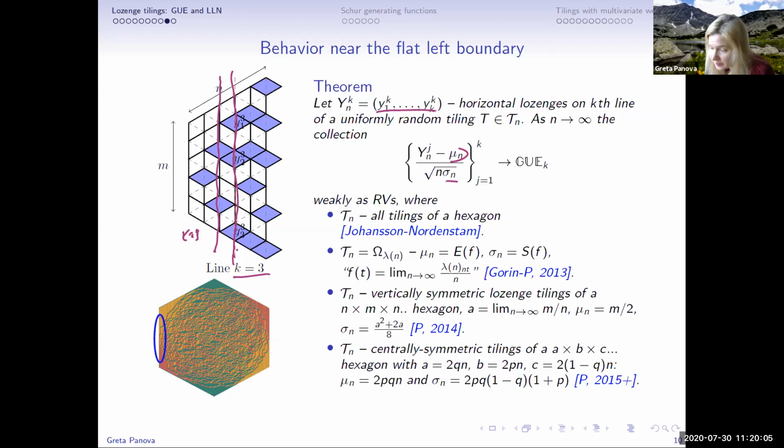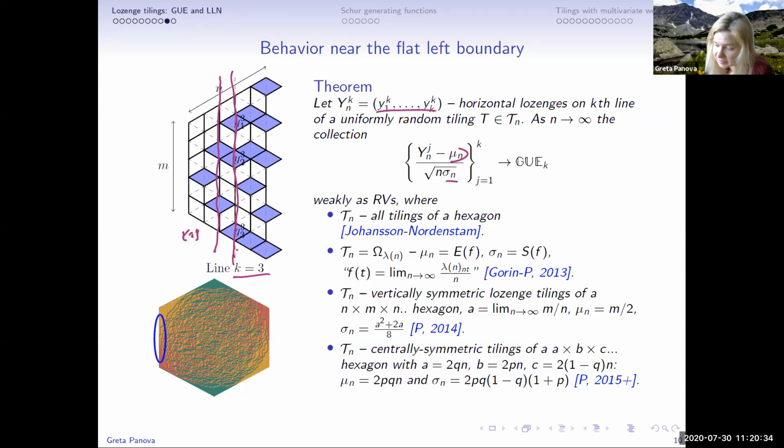And so in what cases has this been proven? Well, there are many cases that I'm missing out, but I will focus on things that I've worked on. Originally it was proven by Kurt Johansson and Eric Nordenstam, about the tilings of the hexagon.